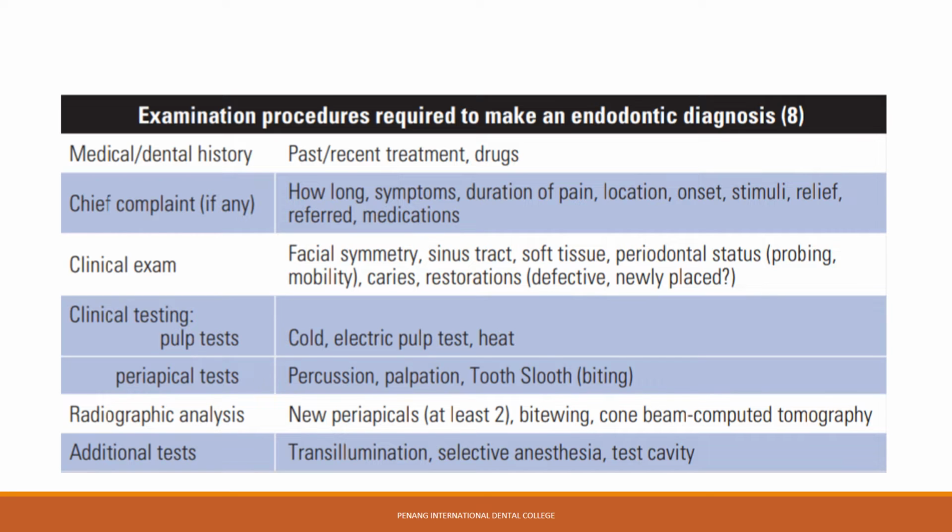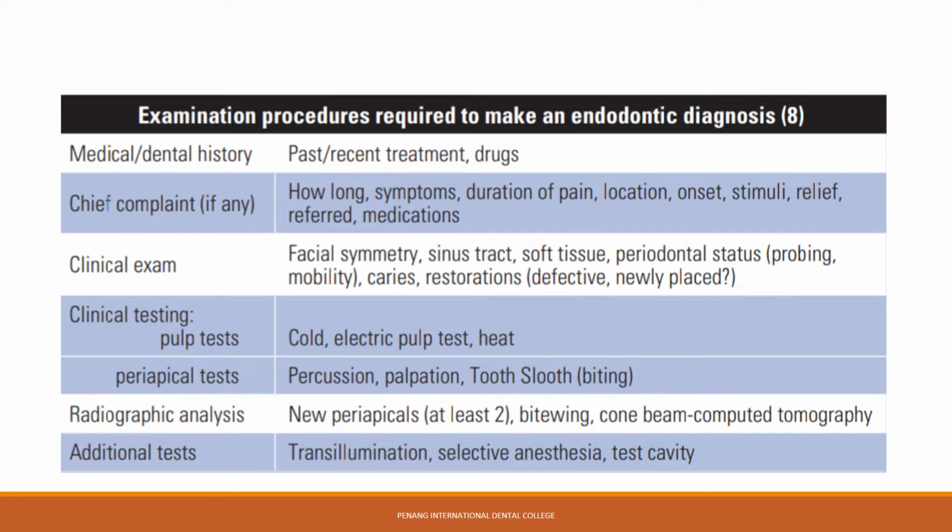Once the clinical examination has been done, we do some special tests mostly related to endodontics, which are called pulp tests or pulp sensitivity tests, which include cold test, heat test, as well as electric pulp test. Followed by which we do periapical tests such as percussion, palpation, and biting test using a tooth slooth.